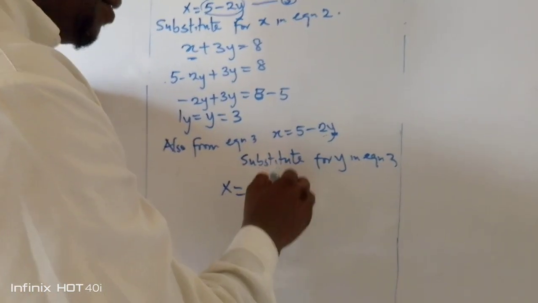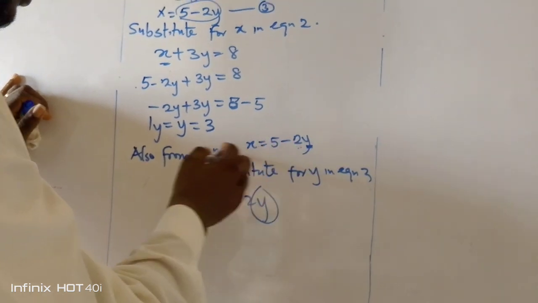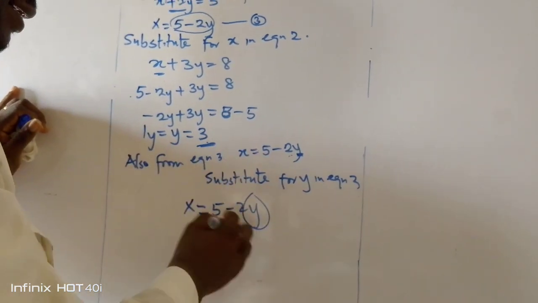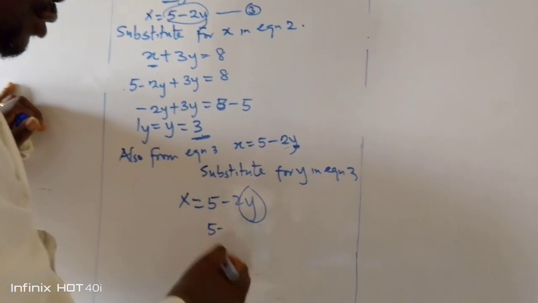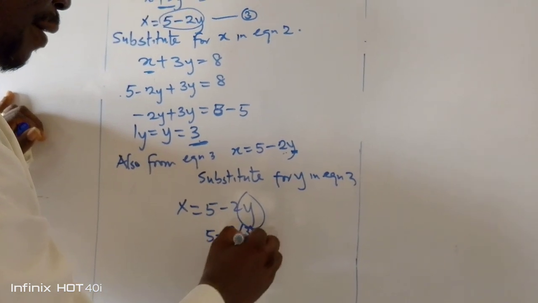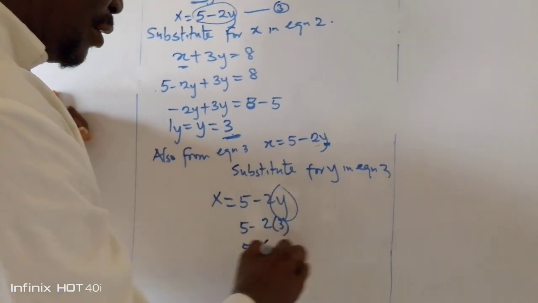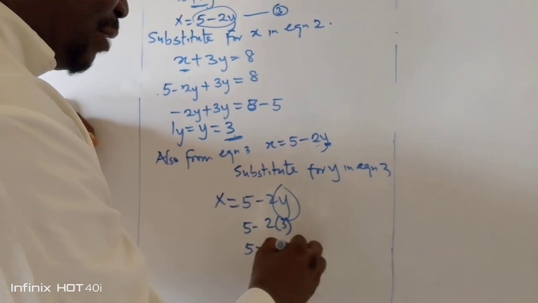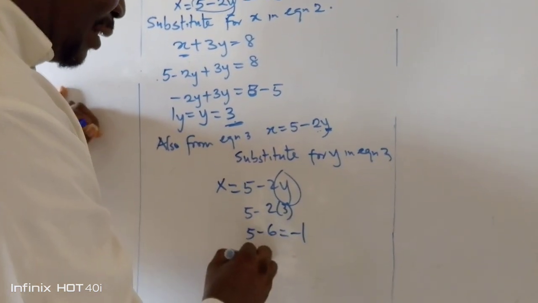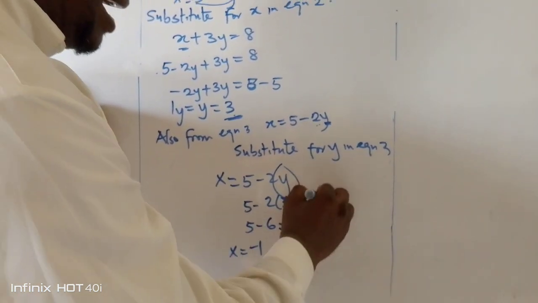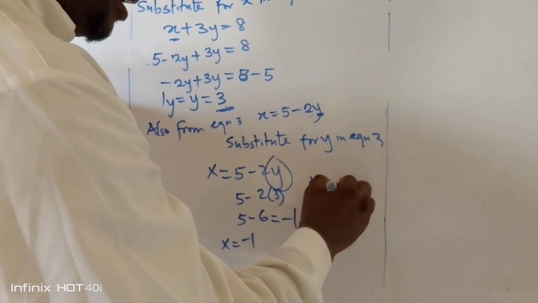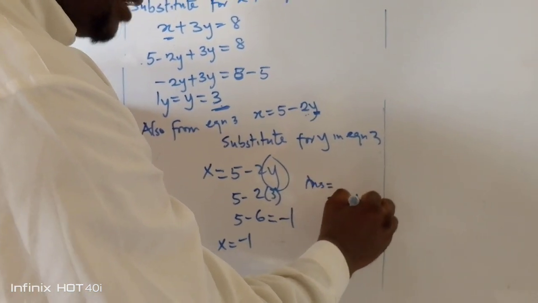What is my y now? My y is now 3. So I will say 5 minus 2 into 3, which is 5 minus 2 times 3, 6. So 5 minus 6 will give me minus 1. So x is equal to minus 1. Answer: x equals minus 1.